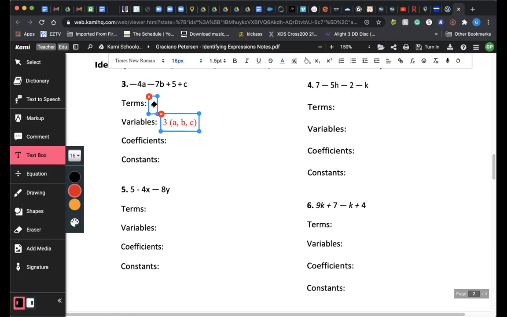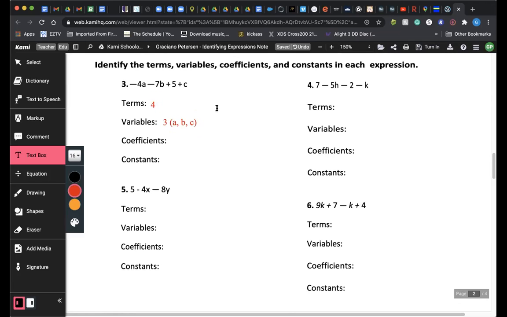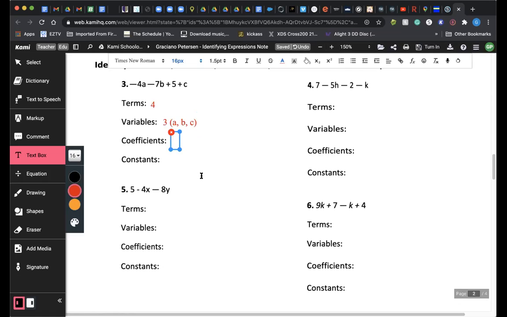Okay, we have 4 terms. How many coefficients do we have if we have 3 variables? If we have 3 variables, we should have 3 coefficients. Every variable has a coefficient.